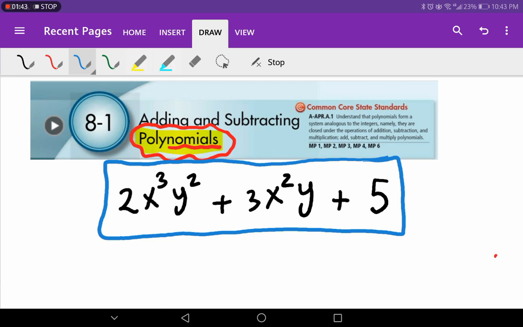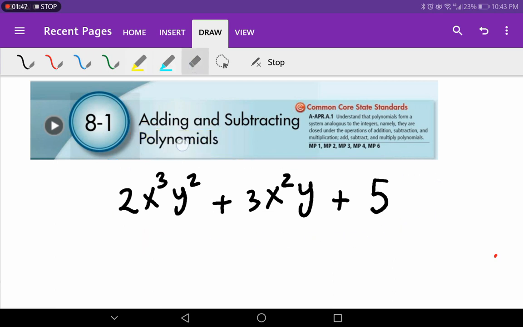Actually, in general, you call it a polynomial, for example. But let us define this or take it part by part.